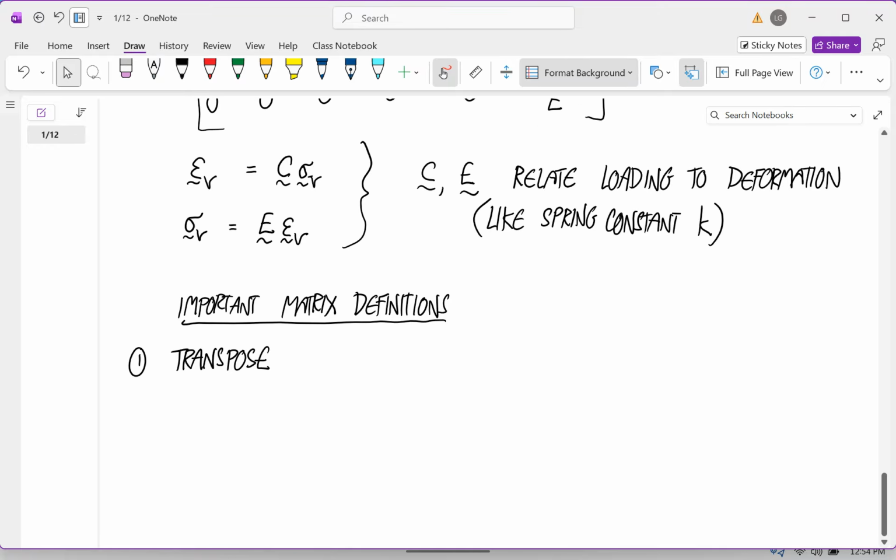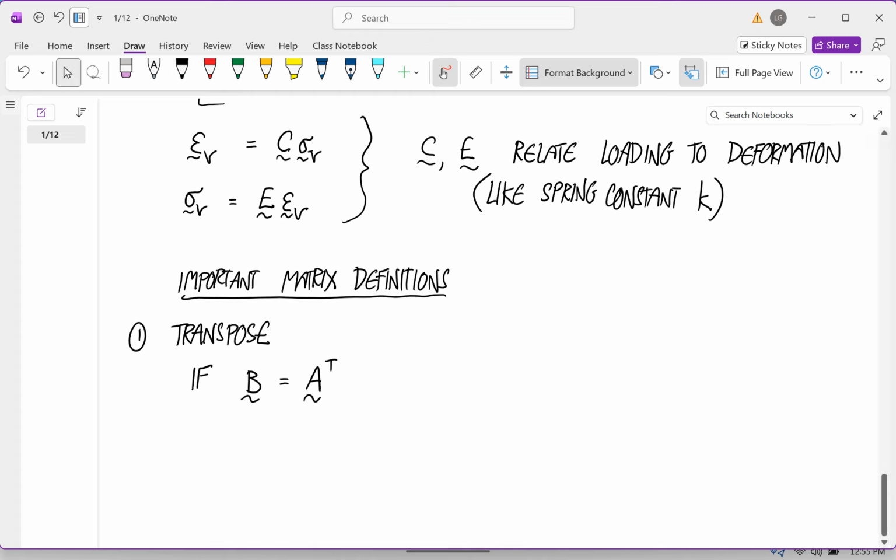And the definition of the transpose is this. If you have a matrix B that's equal to the transpose of a matrix A, and the transpose is given by that, it looks like it's to the power of capital T. That's the symbol for the transpose operation.